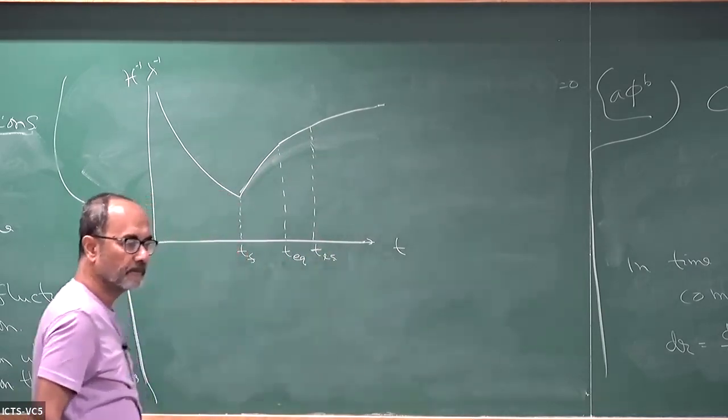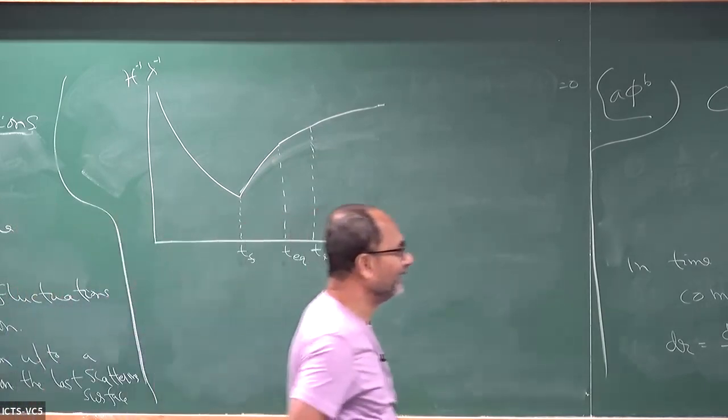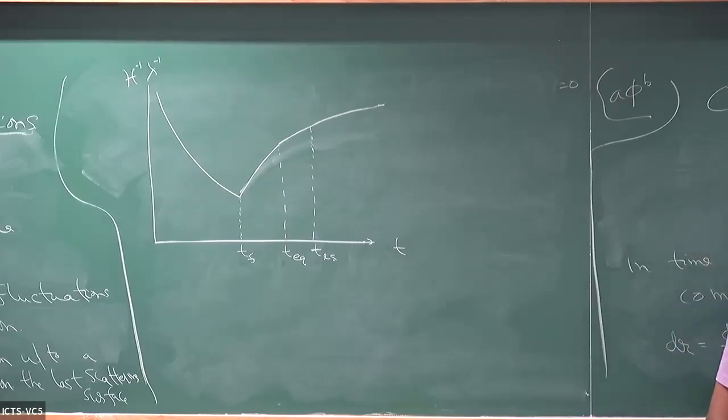So what happens to the curve at last scattering? Nothing. It just grows, because it has entered matter domination. So this H inverse lambda inverse grows as matter domination.